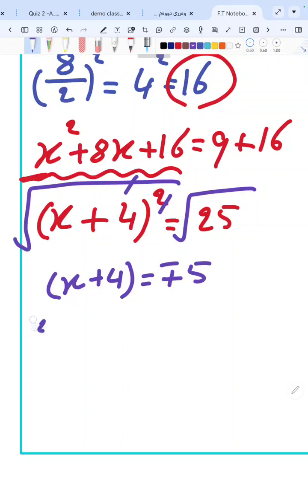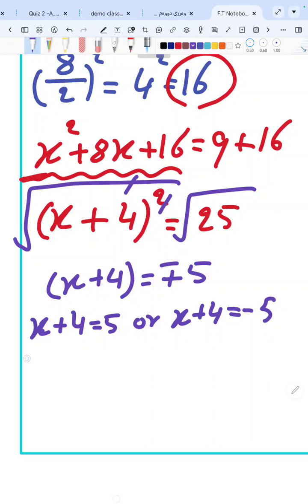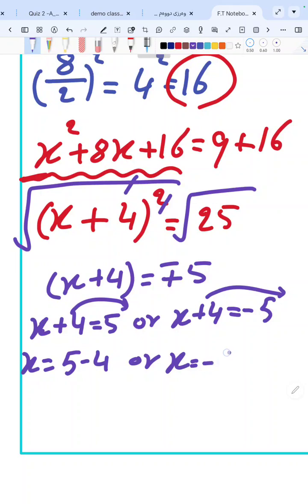We will say x plus 4 equals 5, or x plus 4 equals negative 5. x equals, move 4 to the other side, 5 minus 4, or again move 4 to the other side, x equals negative 5 minus 4.